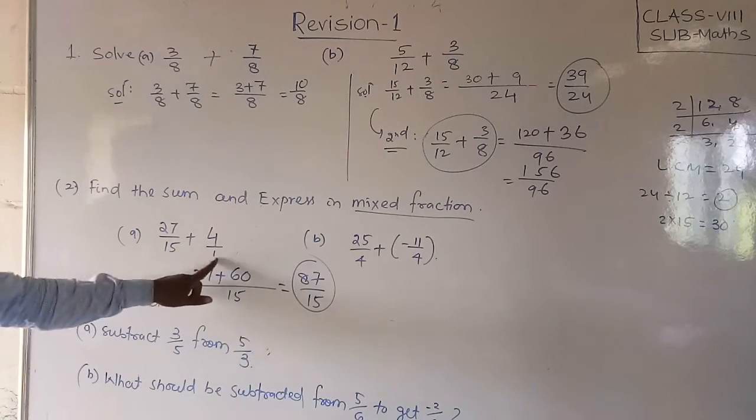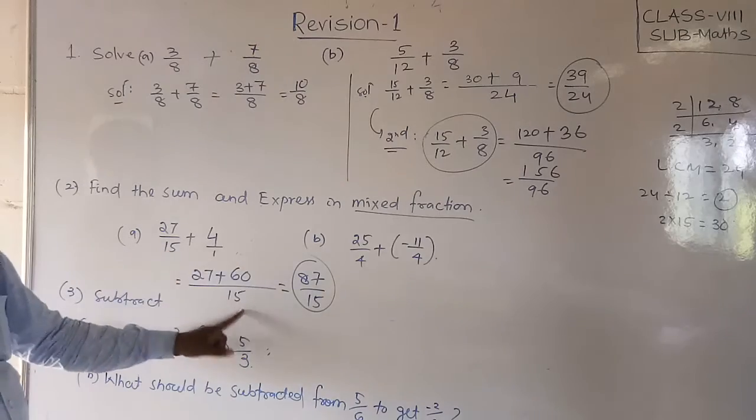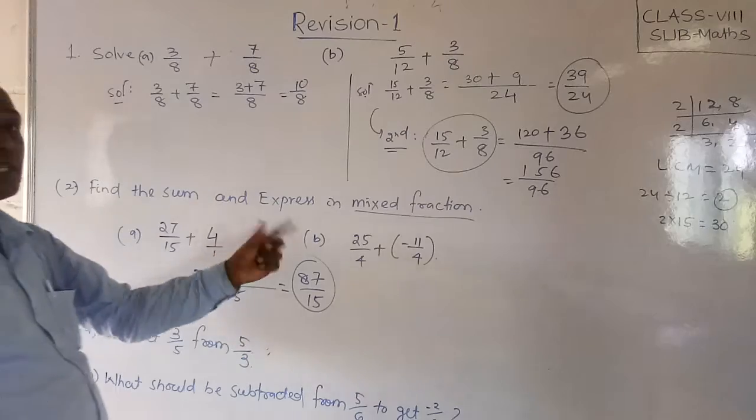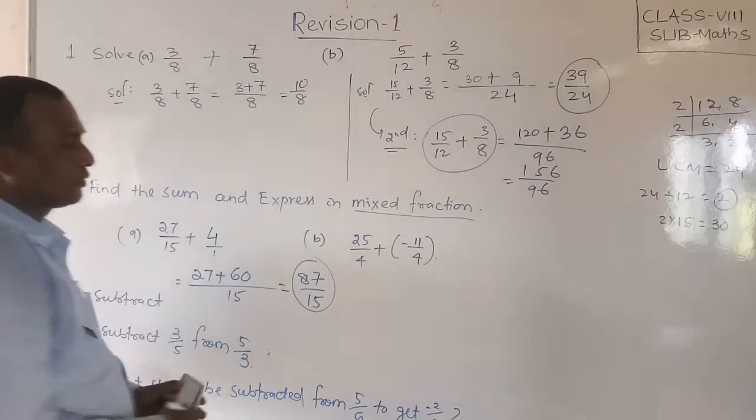Here 1 and 15 are co-prime, so we can do it directly. If other numbers are there, you can do this method also. If 2 numbers or 3 numbers are there, you don't do LCM.